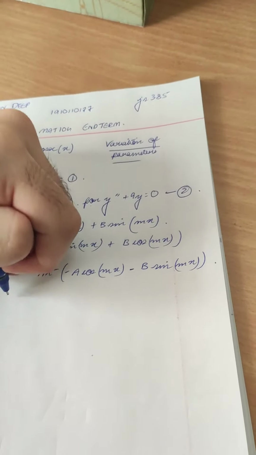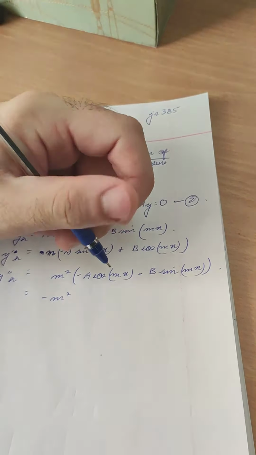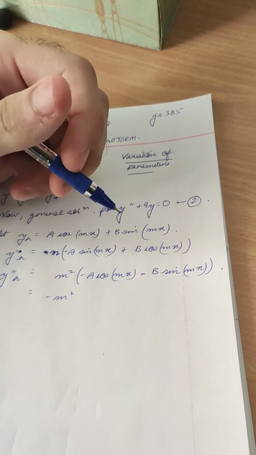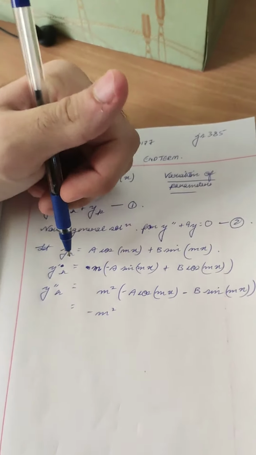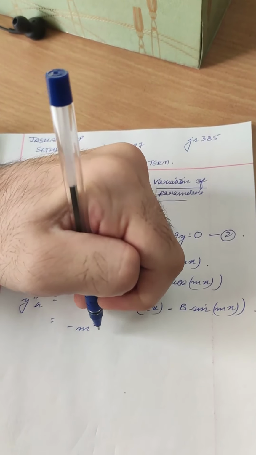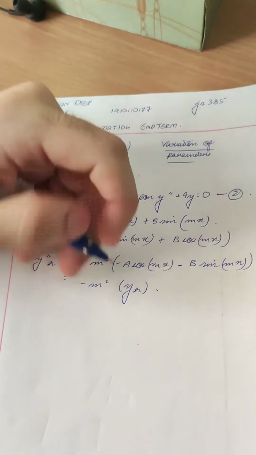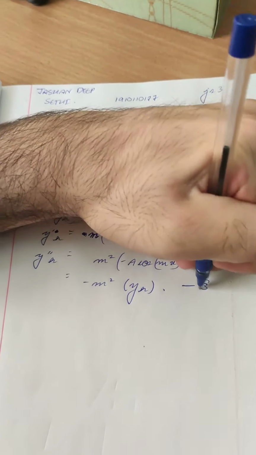So we can take the minus sign common outside, minus m square, and when we take the minus sign common outside, we'll notice that the terms that are left on the inside are nothing but our initial y homogeneous only. So this would become minus m square y homogeneous.